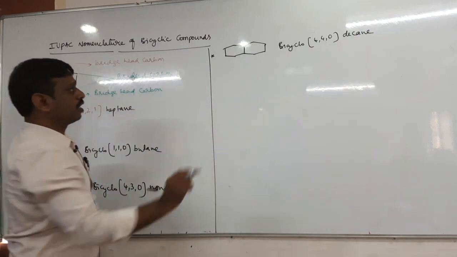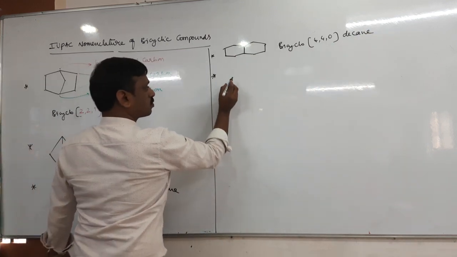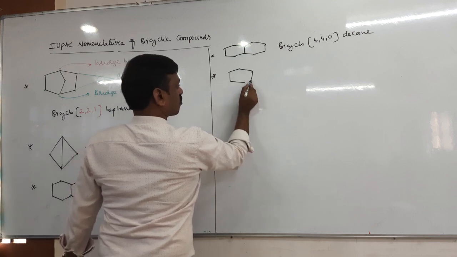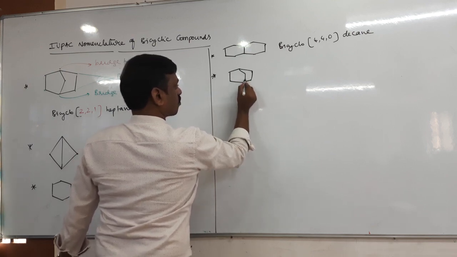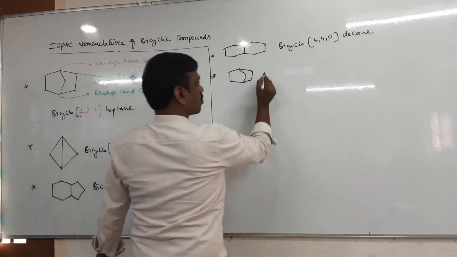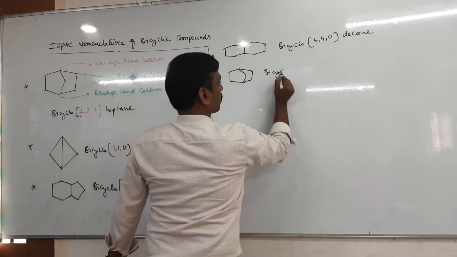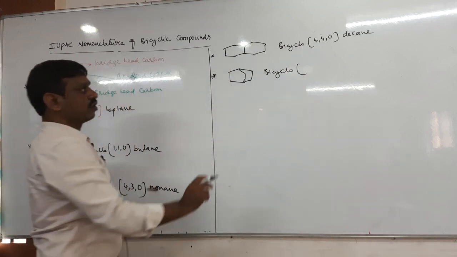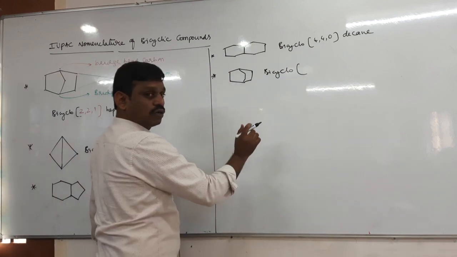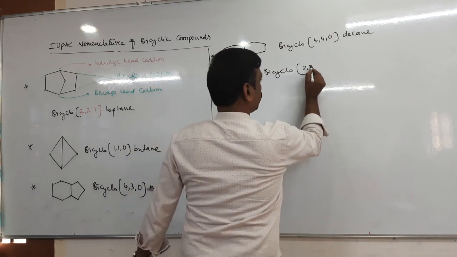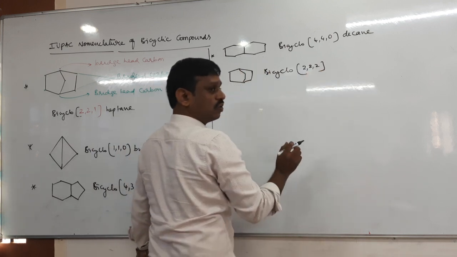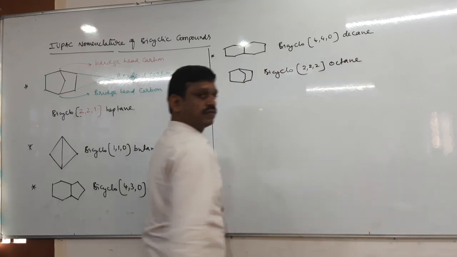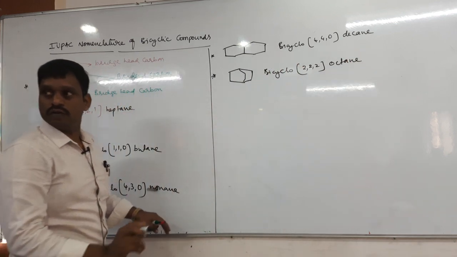Right? Next. Bicyclo 2, 2. Very good. 2, 2. Octane. Yes or no?